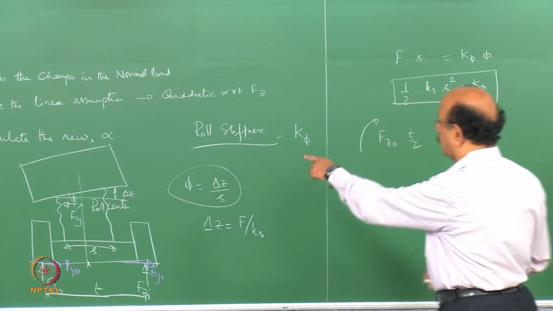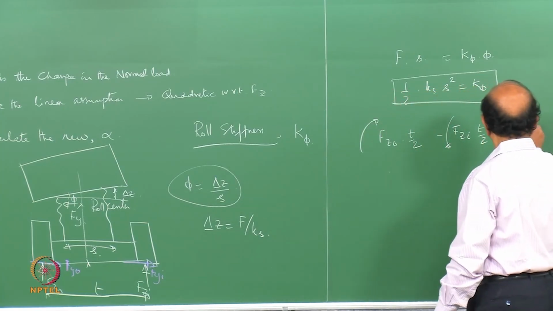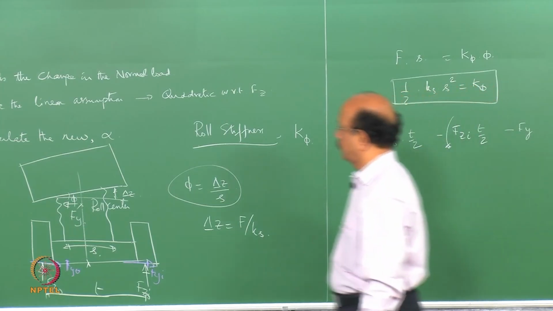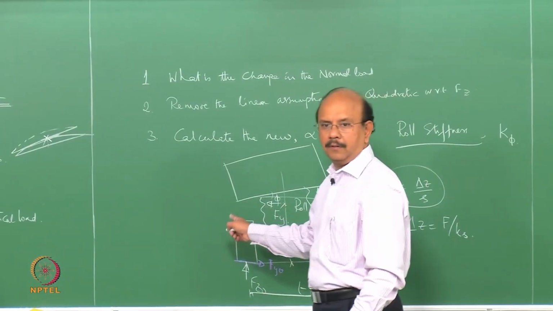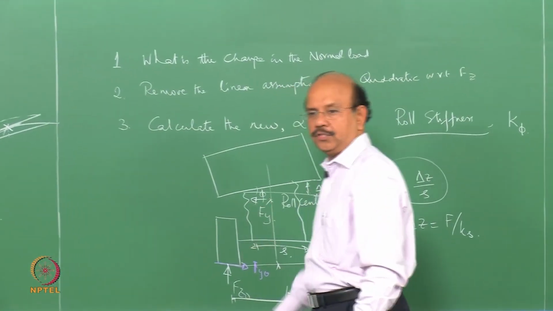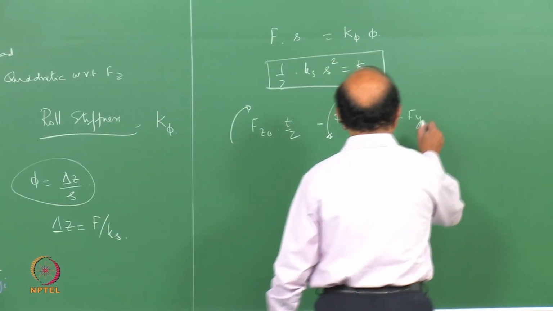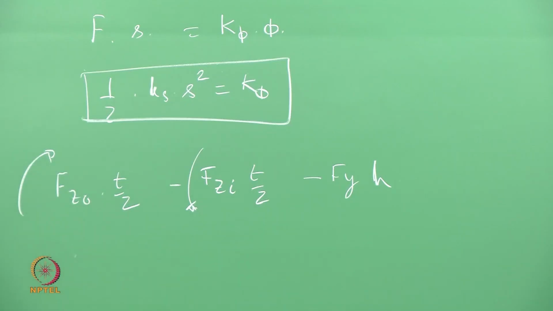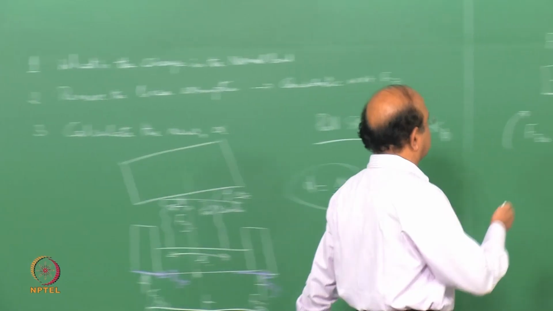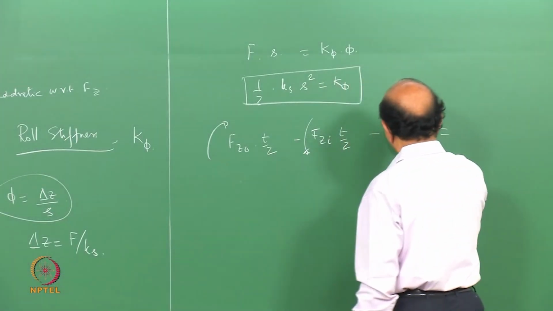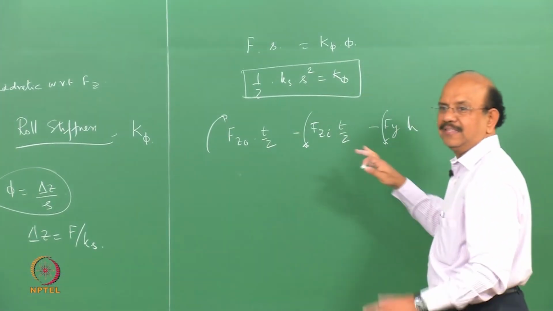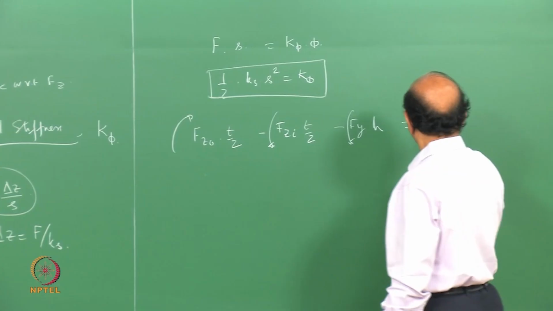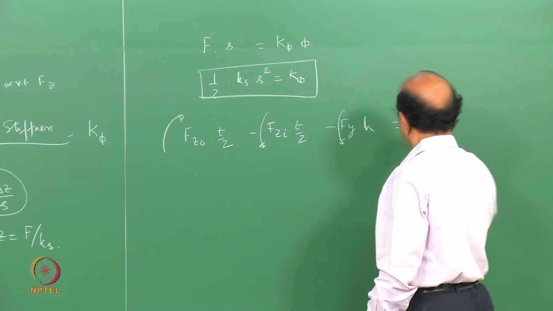right? Then minus Fy into H, right? H is the height, and that is the total moment that is created, that's in the anti-clockwise direction, that is equal to K phi into phi.